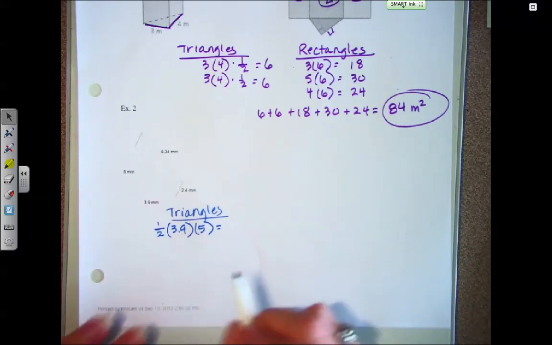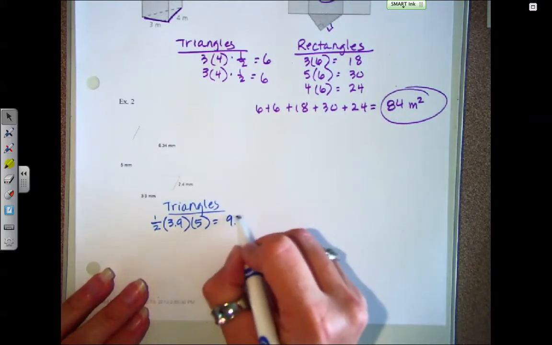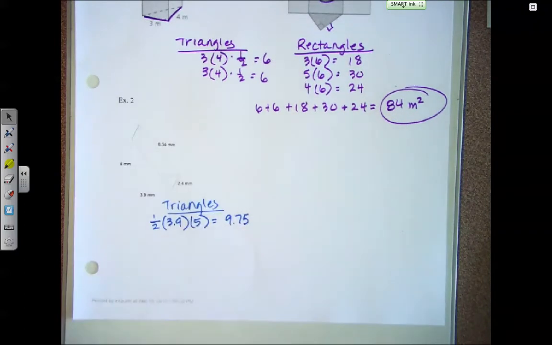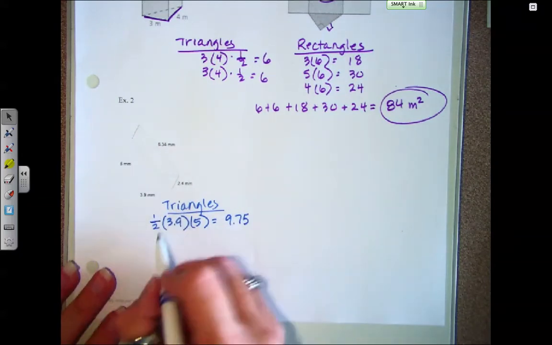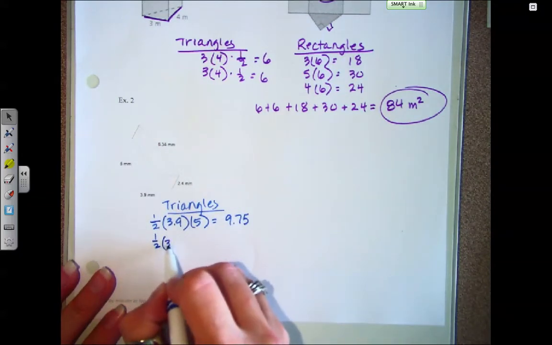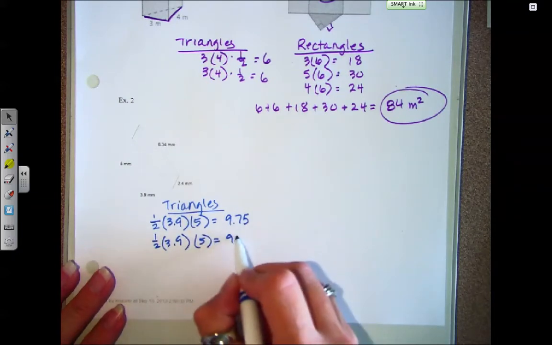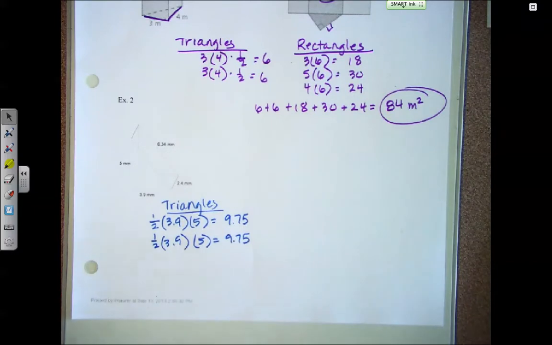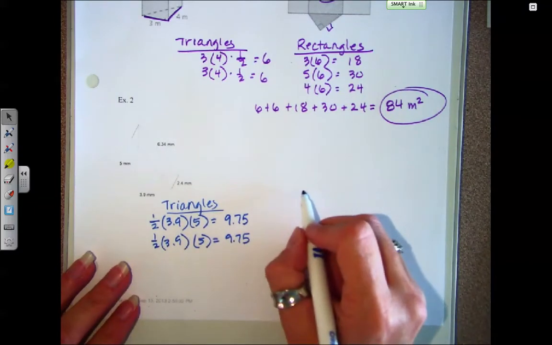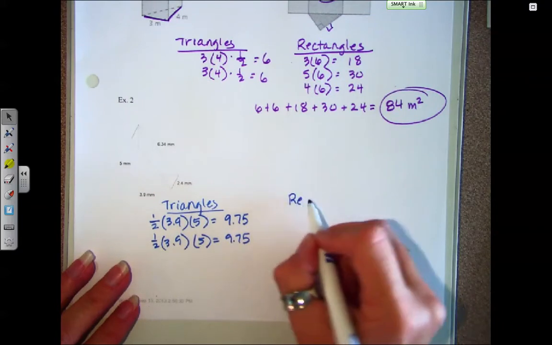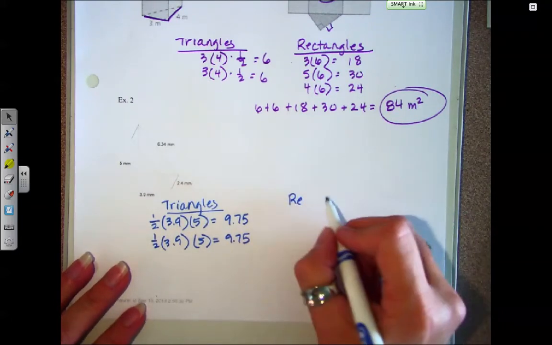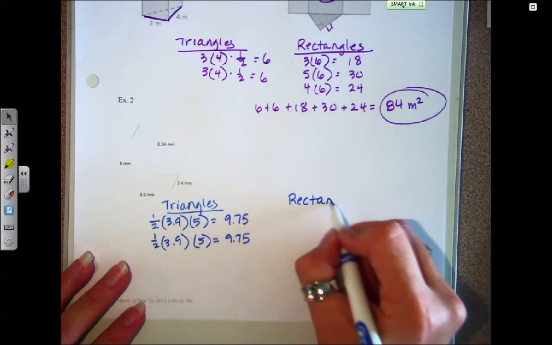That's fine. 9.75. 9.75 is correct. Yes, you can do 0.5. How many triangles do I have like that? 2. So I have another one that is 1/2 times 3.9 times 5, which is 9.75. You can do divided by 2. Yes, you can. Multiplying by 1/2 is the same thing as dividing by 2.